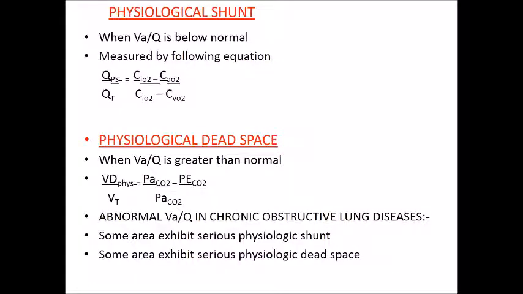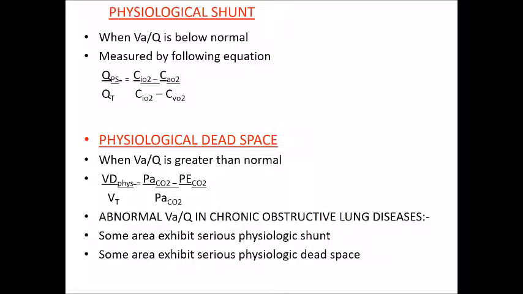Now there are two terms, physiological shunt and physiological dead space. So what is physiological shunt? As we have discussed in the last slide, when the ventilation perfusion ratio is below normal, this condition is called physiological shunt. Now what happens? No fresh air is coming.